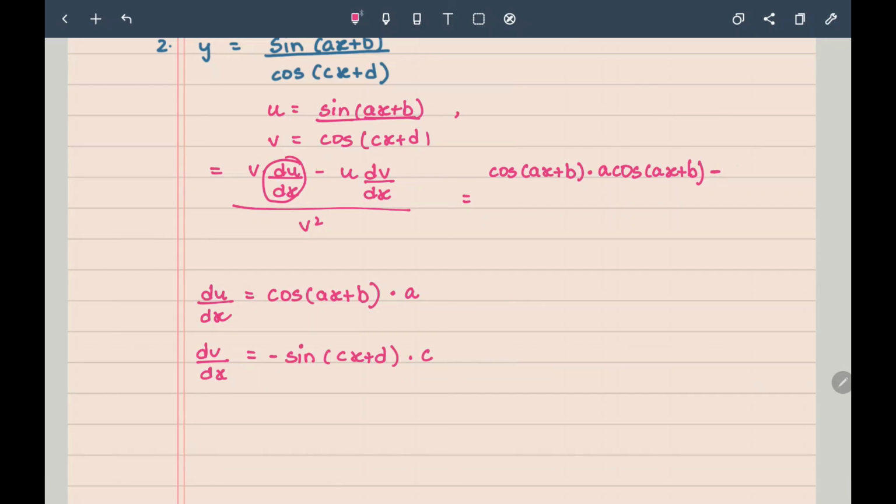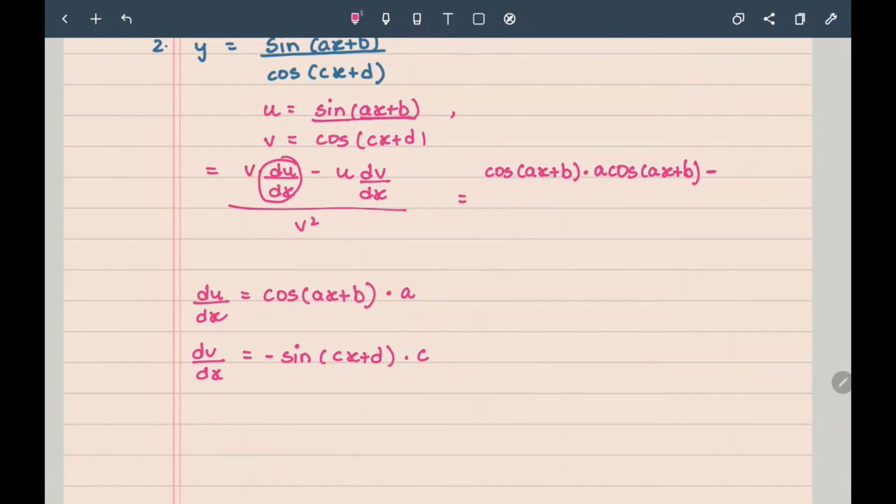So we'll just substitute the value over here. u into, that is sine of ax plus b into minus c sine cx plus d divided by v square, that is cos square cx plus d.